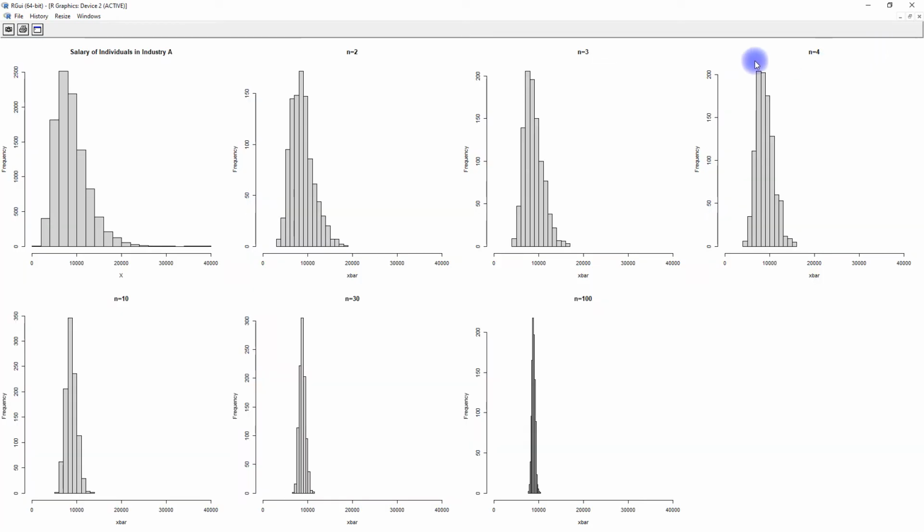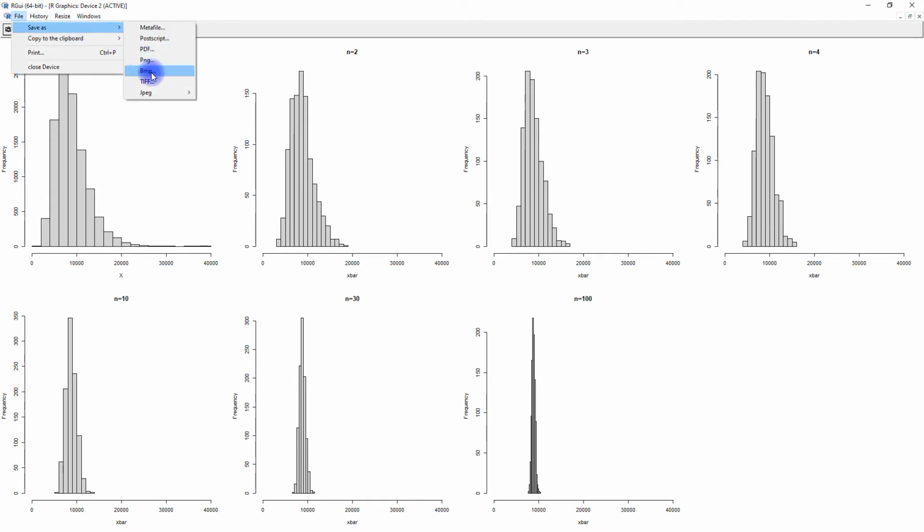So I've written the code, and that is what I come up with. I get the salary of individuals in industry A. Unfortunately, I will not be able to write it down here, so just give me a minute.